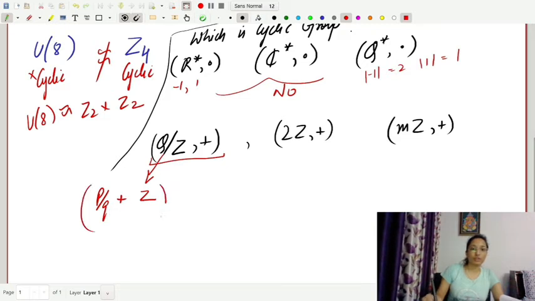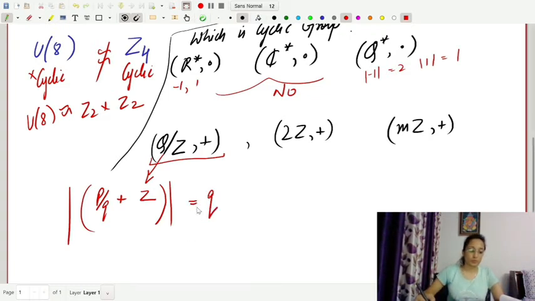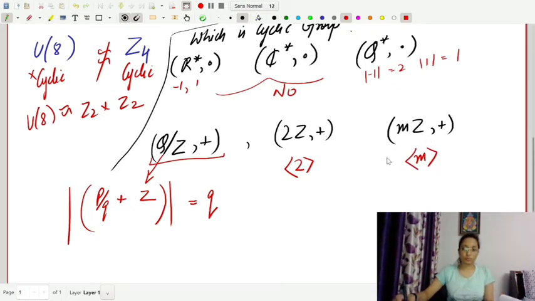So the order of this element will be q. But it is not a cyclic group because it does not have any generator. While 2Z is a cyclic group because 2 is its generator. Similarly, m is a generator of mZ. Therefore, mZ is a cyclic group.